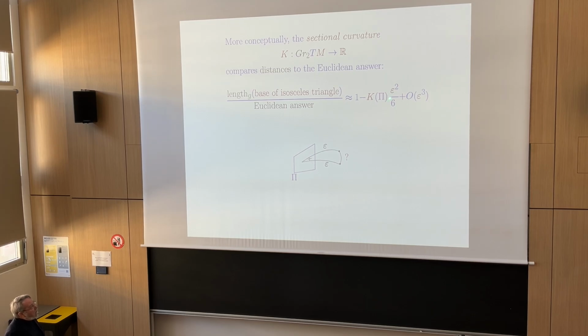So it's particularly worth noting that if the sectional curvature is positive, the distance would be less than you would expect from the Euclidean model. And if the sectional curvature is negative, it would be more. Of course, this whole discussion is assuming that the angle is very small. It becomes more complicated otherwise.